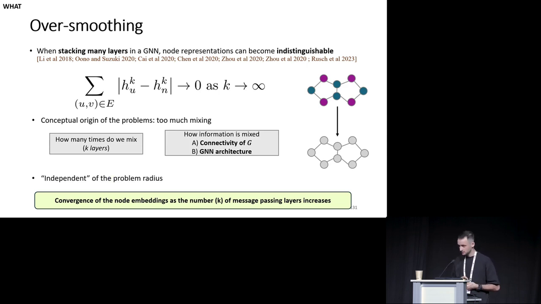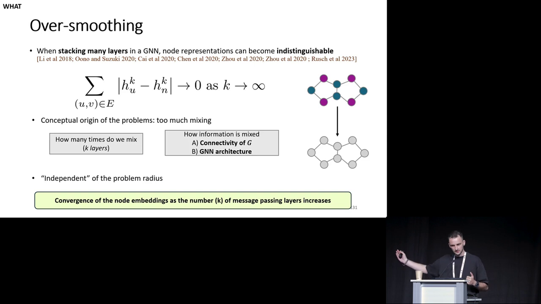This problem is independent of the problem radius, and I say independent because no matter what the initial features are, if you stack k layers, they will converge to this oversmoothing problem and they will converge to the same value. If you don't have a long-range interaction, maybe you don't have to stack that many layers, and then this won't happen.